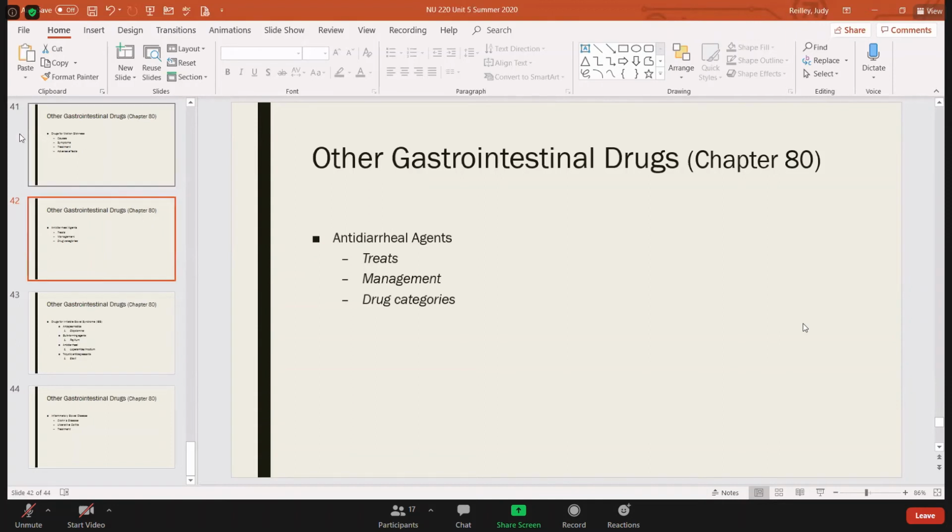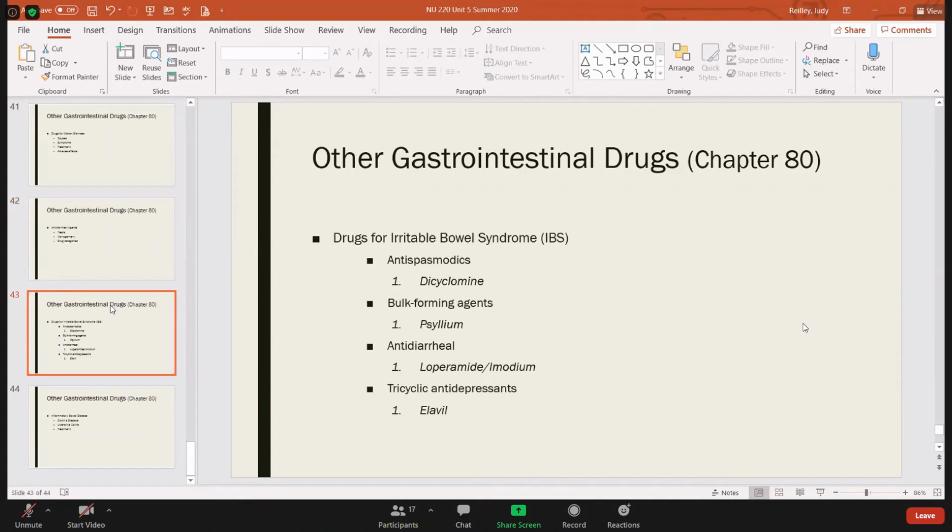When you look at other disorders, other types of medications that are used to treat IBS, patients with IBS can have cramping and pain with diarrhea and or constipation. They can have a combination of it. Your antispasmodic is dicyclomine.